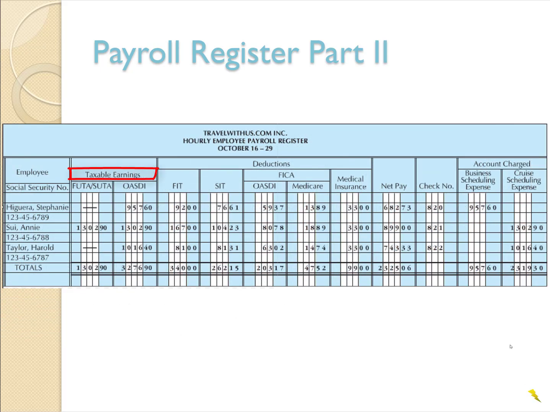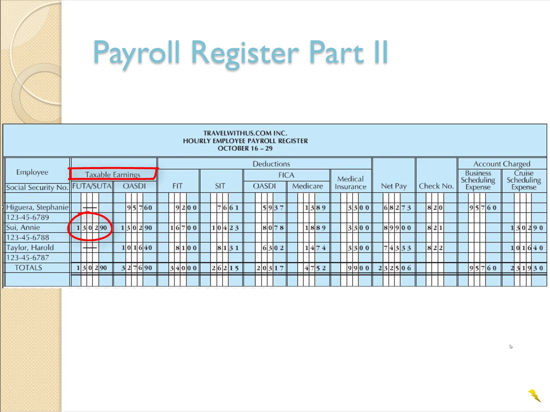On the next slide, notice the first 2 columns are taxable earnings. This is not the tax. This is just taxable. And they combine FUTA and SUTA together in one column because the book is assuming that they both have the same wage base, so we can combine their information into the same column. It looks like there's only one person, Annie, who has any taxable FUTA and SUTA earnings.